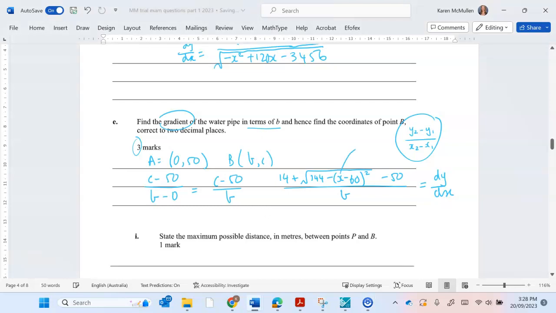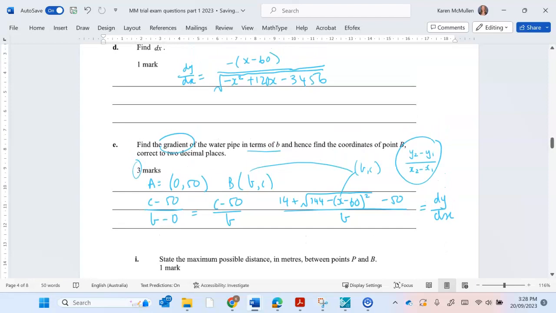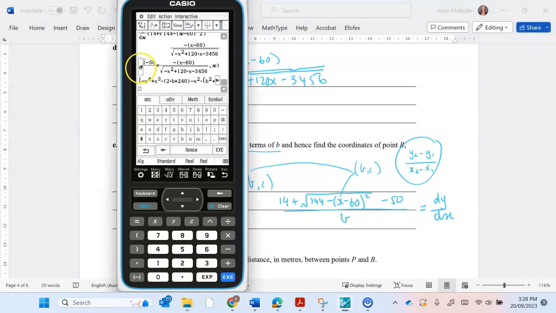Alright, so this x, because we're looking at the point B, so the point BC, your x is actually equal to B. So when I do my dy dx on my calculator, I just need to change my x's to b's.